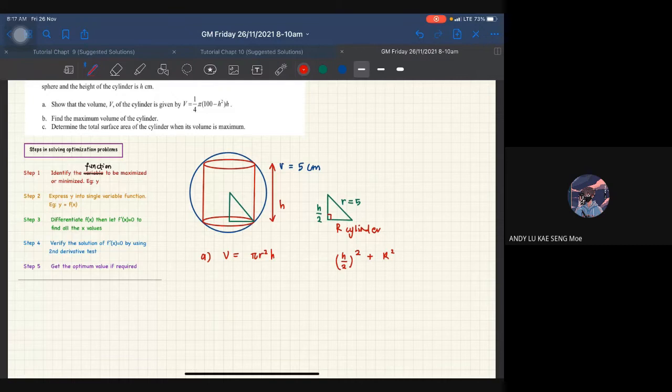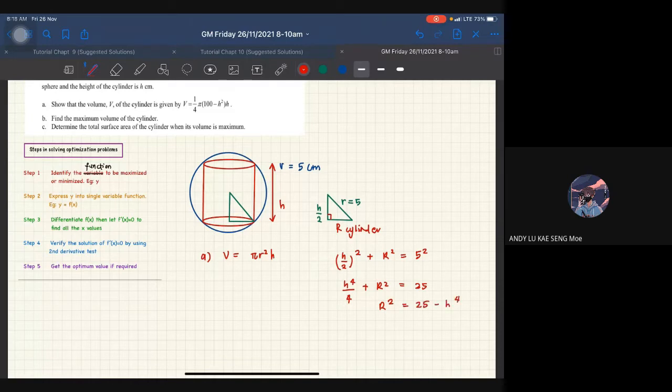Daripada sini awak dapat H power of 4 over 4 plus R square equal to 25. So kita nak R square, equal to 25 minus H power of 4 over 4.